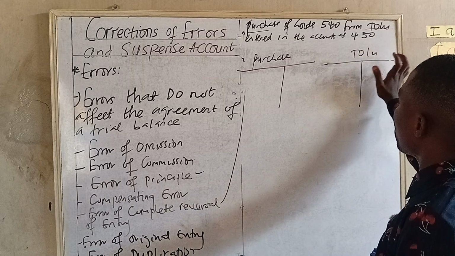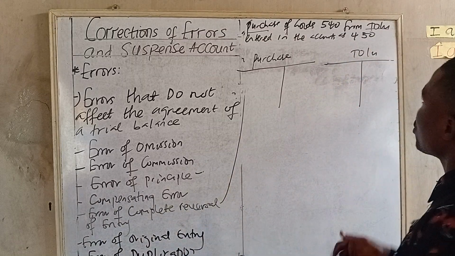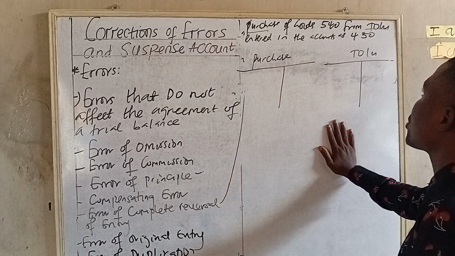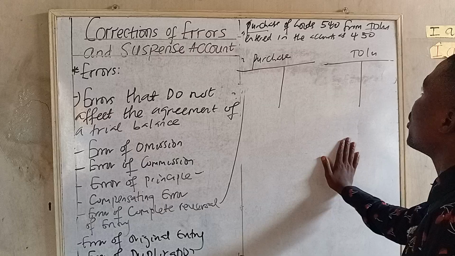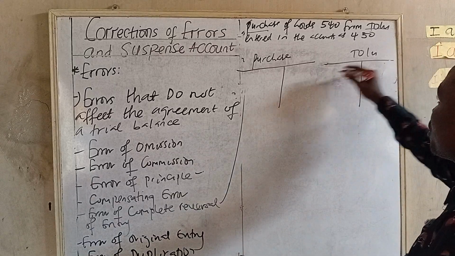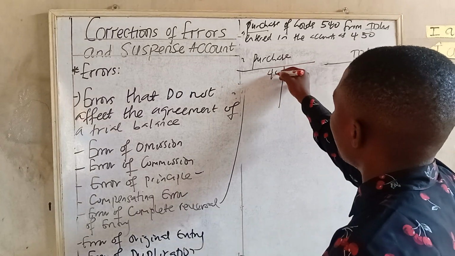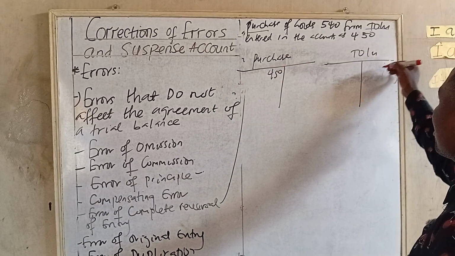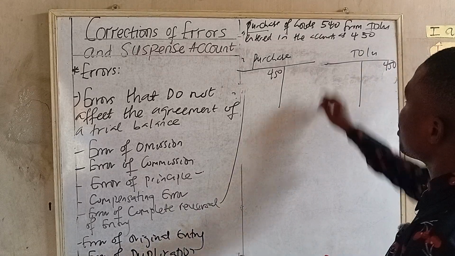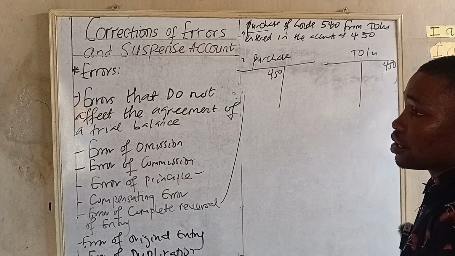So here we're supposed to record 540, but in the account we're going to record 450. So we come here to record 450 instead of 540.